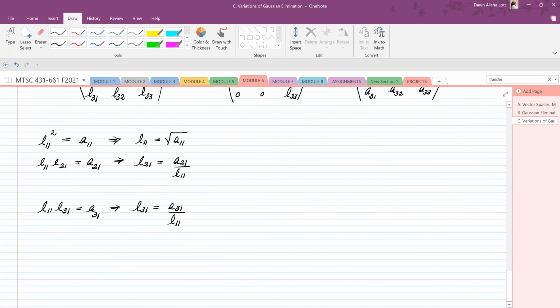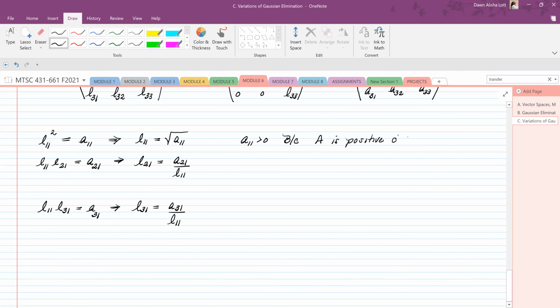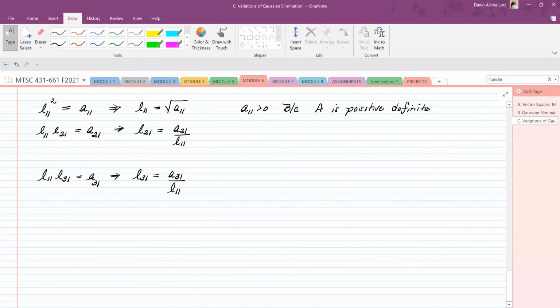A11, let's just say we know is positive because the matrix A is positive definite. Then we take the next column.